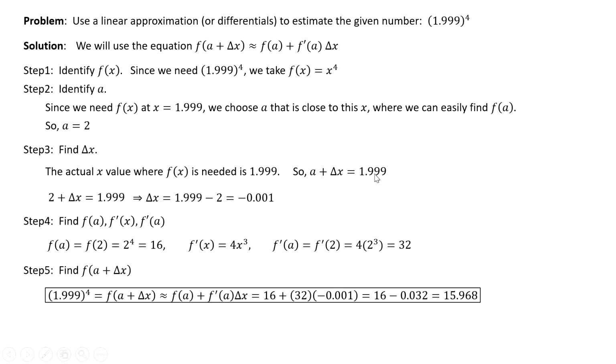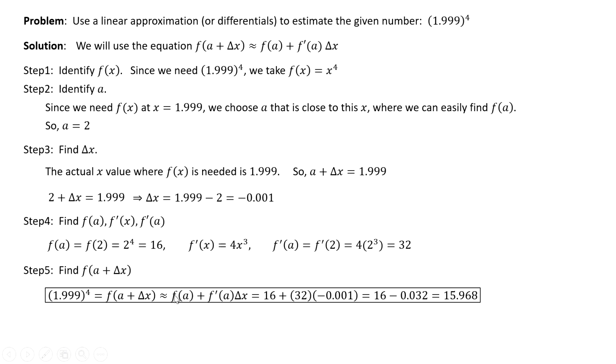Is a plus delta x equal to 1.999? Yes. And isn't our f of x equal to x to the 4? Yeah. So f of a plus delta x, that is equal to f of 1.999, is 1.999 to the 4. So that's what I wrote here.